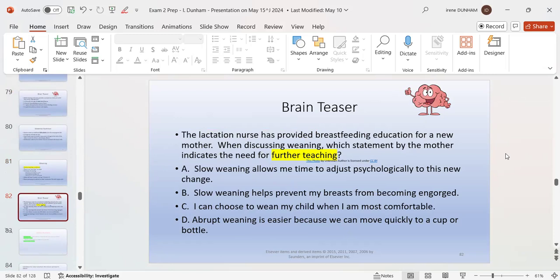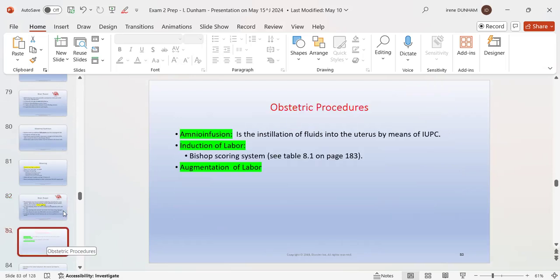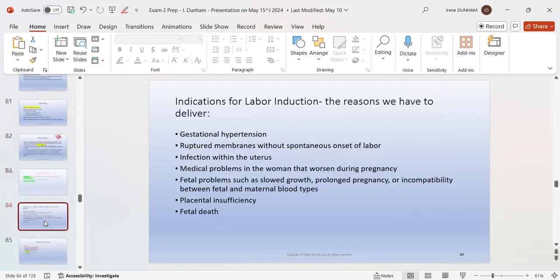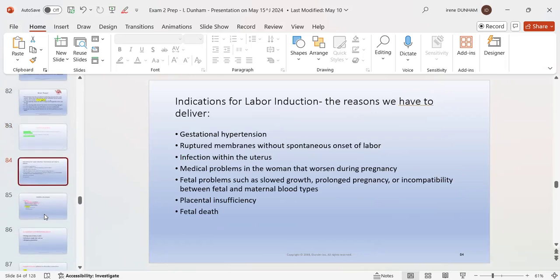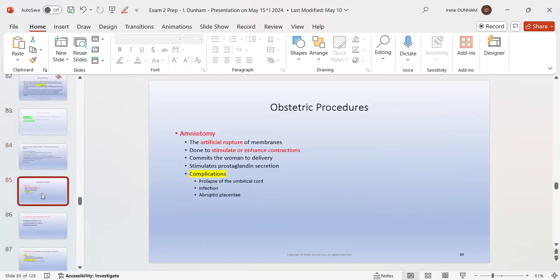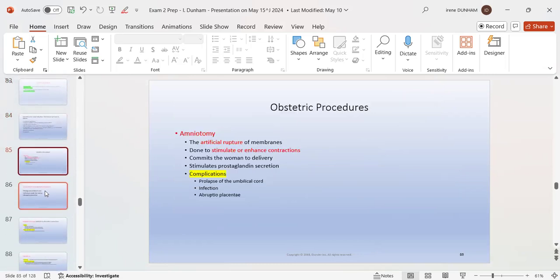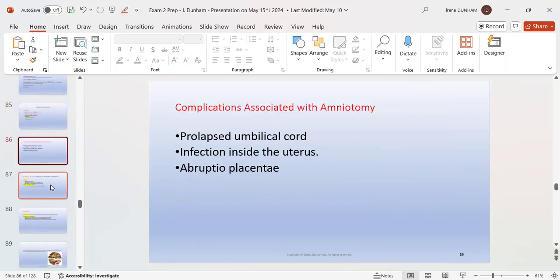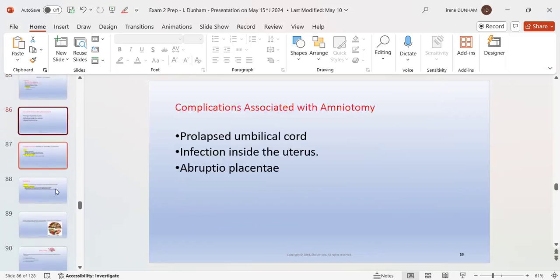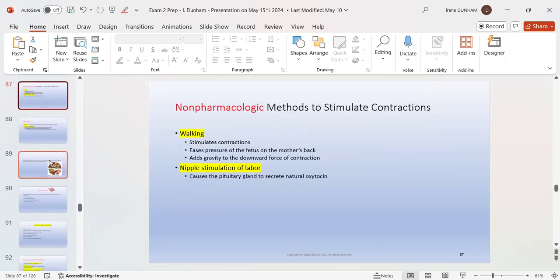D. Yeah, good. All right. Okay, we already talked about all that, so we're good. Let's go here. Okay. Hold on just a moment. We talked about amniotomy and the complications. Good. Let's go. We talked about that already.